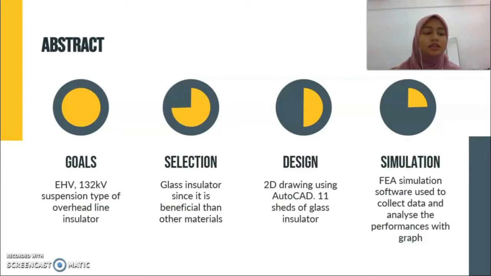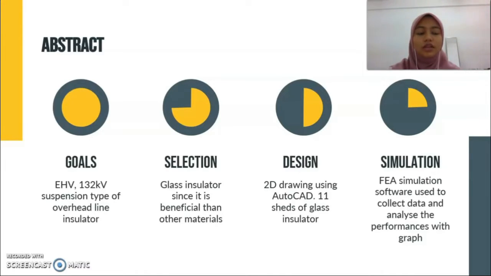This company, called Brimstone Engineering Group (BEG), has decided to design the suspension insulator with the help of a few clicks. The material of insulators can be chosen from several types, such as ceramic, polymeric, and also glass. We would like to pick glass since it has benefits over other materials.